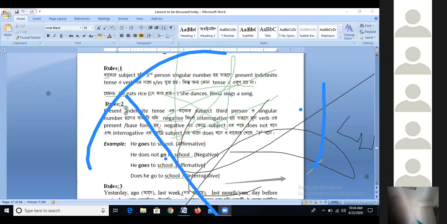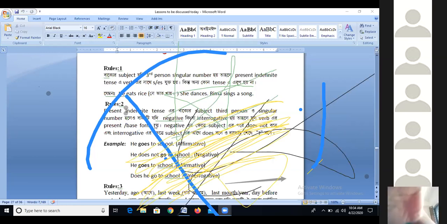You know that if the sentence is negative or if the sentence is interrogative, then we use an auxiliary verb. Especially if the subject is third person singular, then we use does in the sentence. So when you use does, then we must not add s or es to the main verb. Very important.